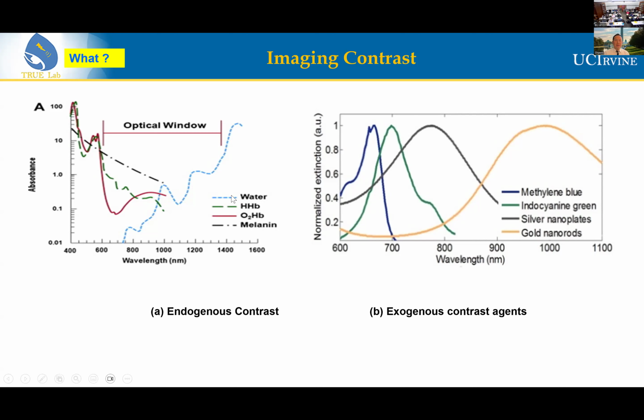Then you have HHb, which is deoxygenated hemoglobin, this curve, and the red curve is oxygenated hemoglobin. And then you have melanin. These are the major absorbers. Sometimes when people are doing cardiac research, they look at lipid, which has a different absorption. I didn't put it here, but these four different molecules are the basic absorbing molecules within the human body.